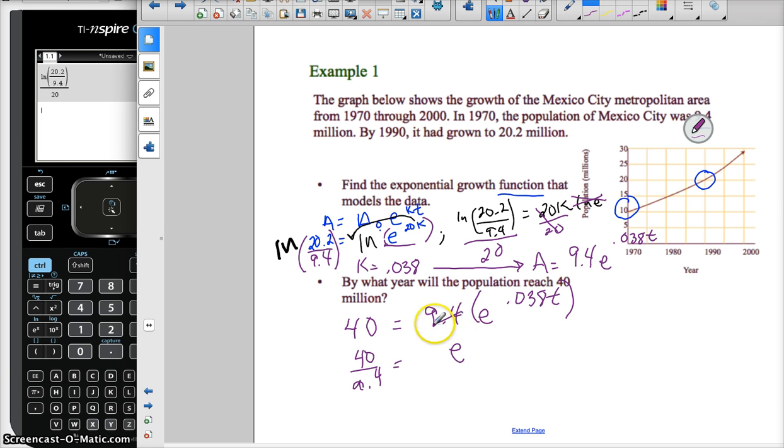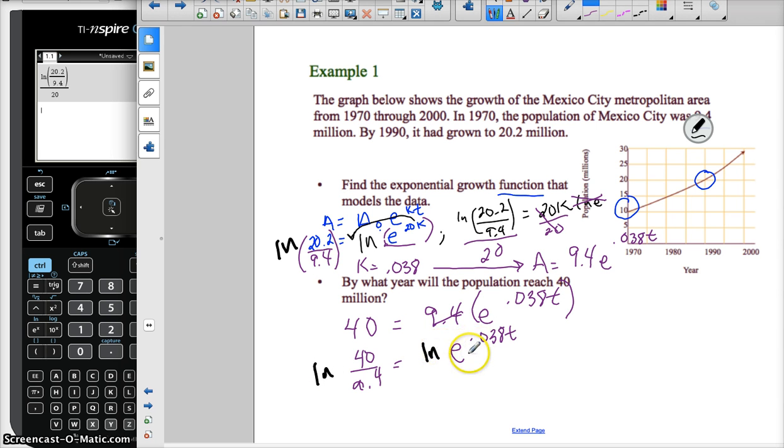And that causes the 9.4 to cancel on the opposite side. How do we get the exponent, the t, the variable, out of the exponent? Well, we would take the natural log of both sides.